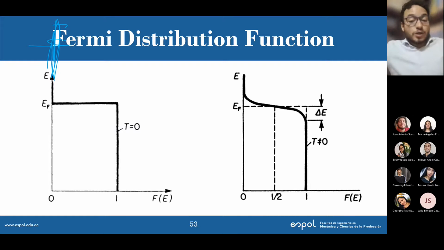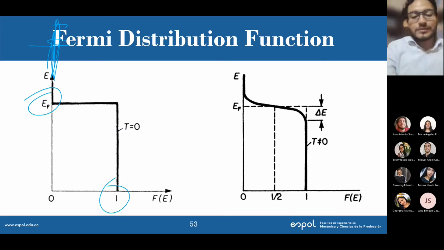But for an energy level to be occupied, the maximum energy that electrons can have is the Fermi energy. And at that level, when T equals 0, I have a probability of 1 and a sudden change to 0, right? Because that actually happens when T equals 0.